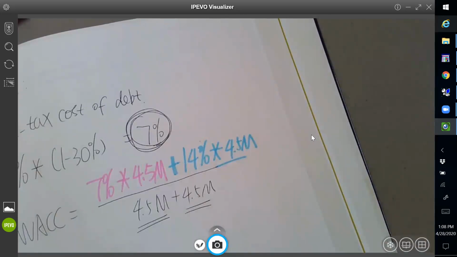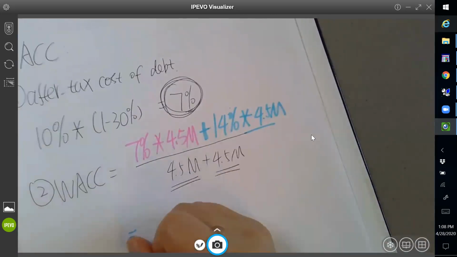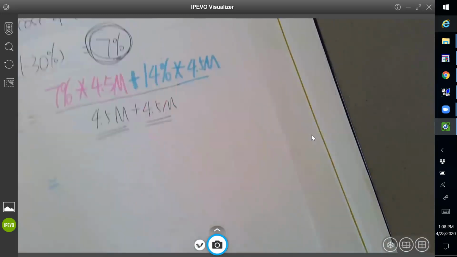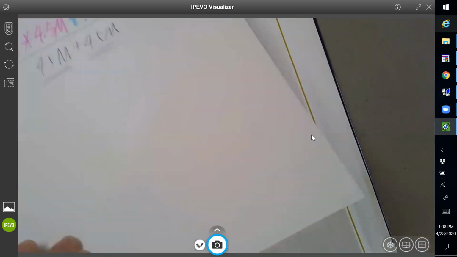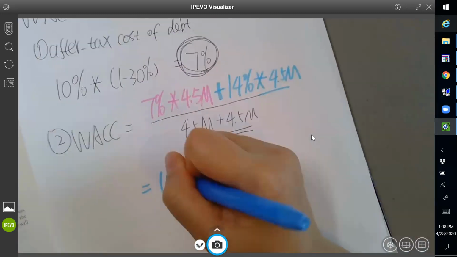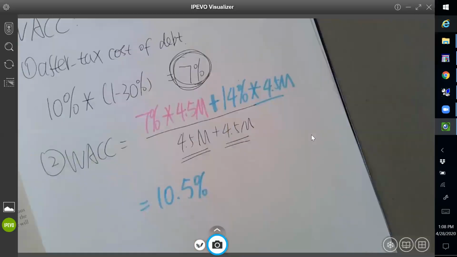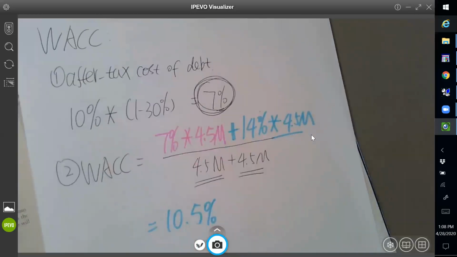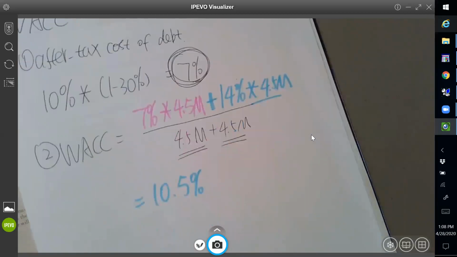If you do the math, you will find the weighted average cost of capital will be 10.5%. So this is how you do the weighted average cost of capital. First, you get the after-tax cost of debt. Second, you do the weighted average.